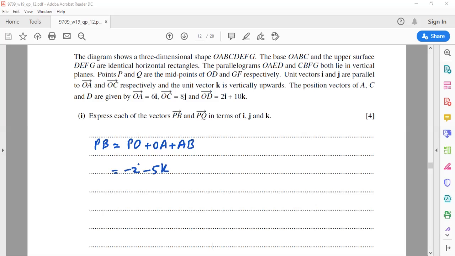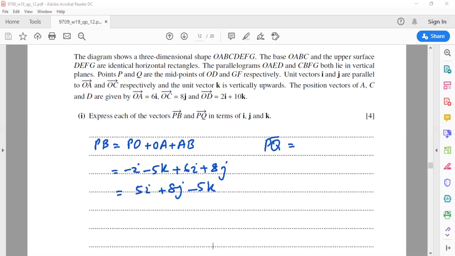And OA is actually 6i. And OC, since it is parallel to the other one, is going to be 8j. If you simplify this, it becomes 5i plus 8j minus 5k.